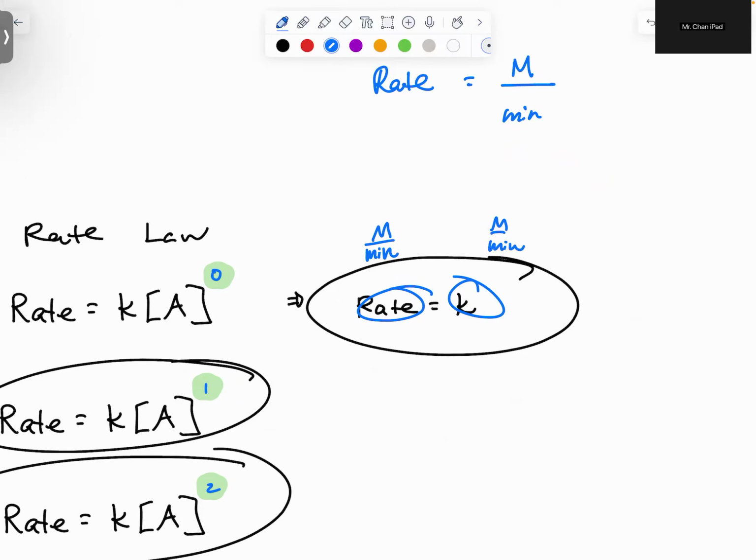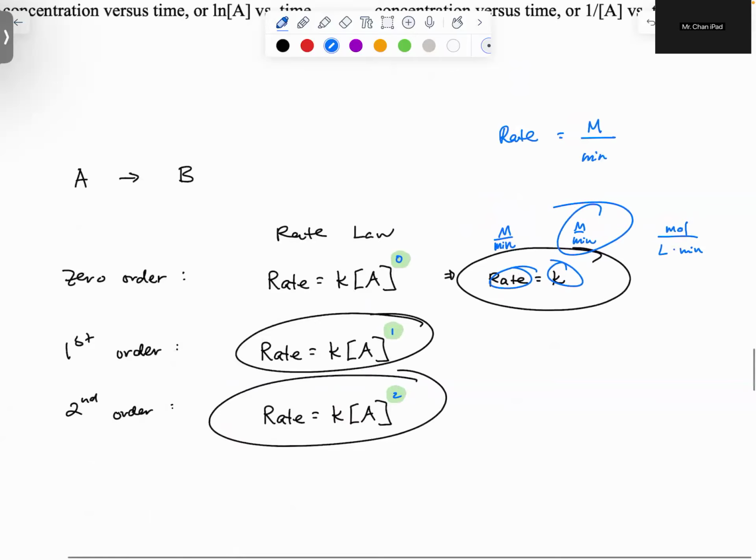So if it is zero order, K shall assume the unit of molarity per minute. Sometimes you would also see this alternate expression, breaking down the molarity to moles per liter. Now, let's see how good your math is. What about the K for a first order reaction? What unit should it be?